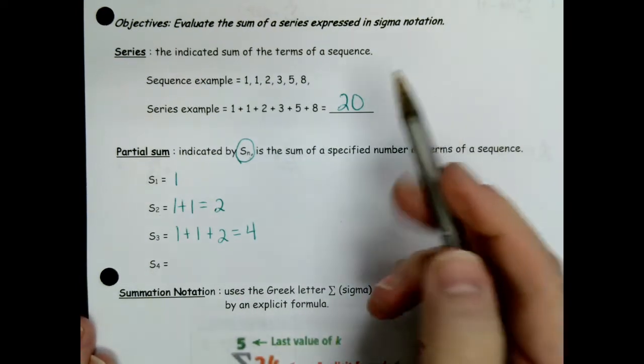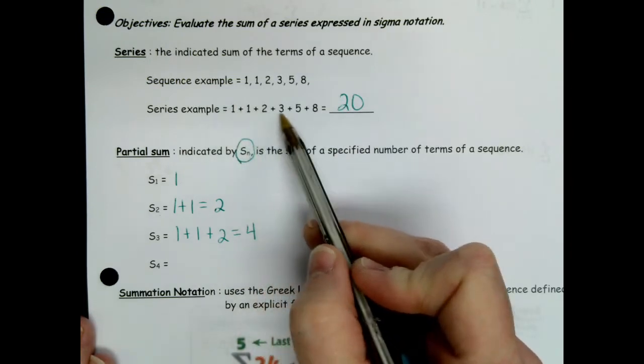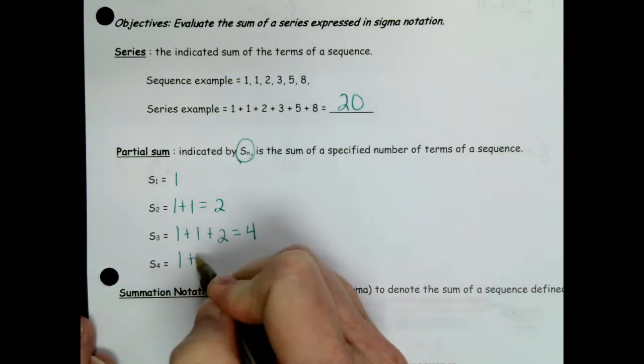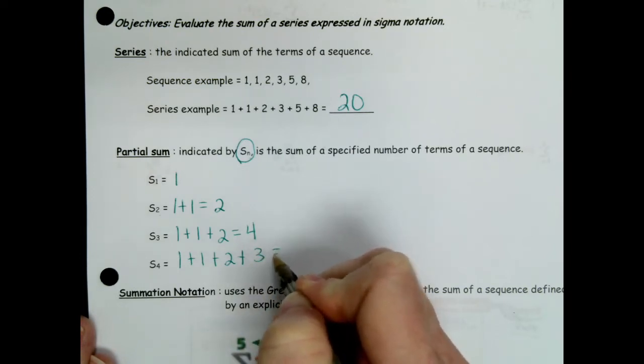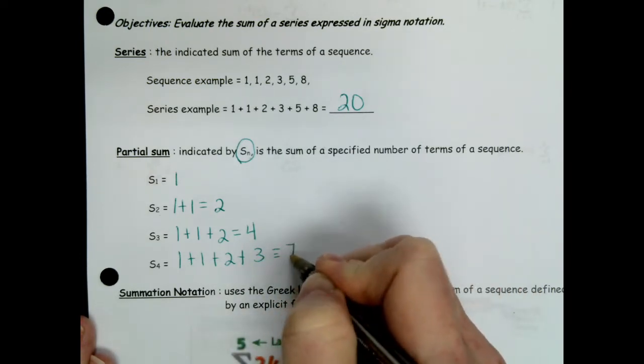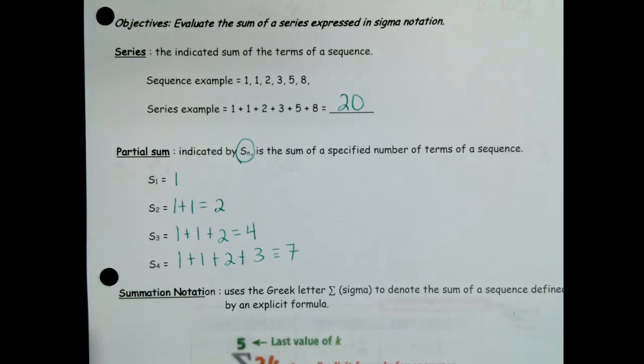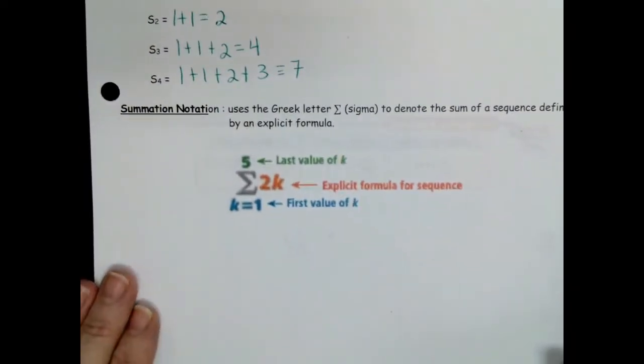And S4 would be adding the first 4 terms, so it's 1 plus 1 plus 2 plus 3, so we get a 7. So you get the idea of the notation. True? We're okay with that? All right, so moving on down, this is mostly what you're going to see today, summation notation.